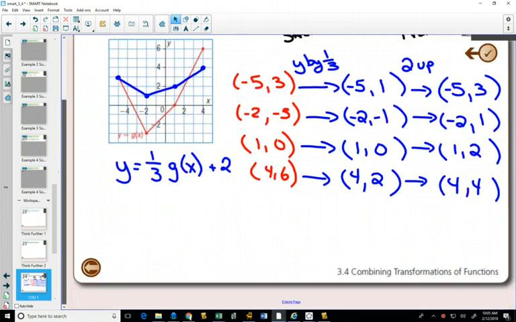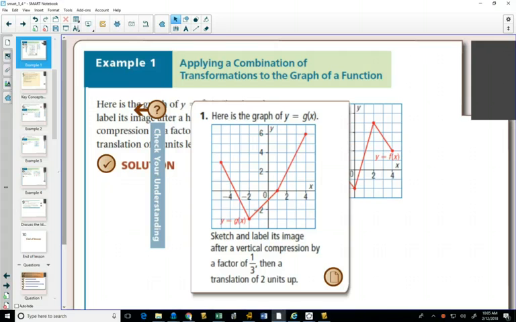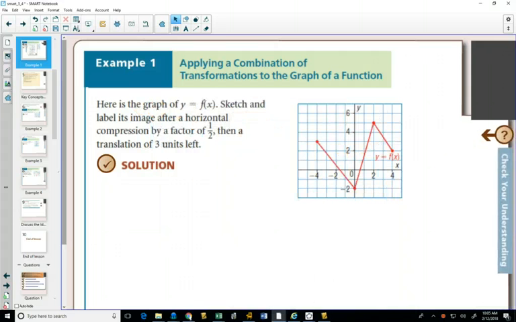Now, with the one that we have here, with the original question, this is all horizontal stuff. And the reason we're going to do this one as well is because something interesting happens with horizontal compressions and translations when they're put together. Starting it off the same way, we're going to look at our points.